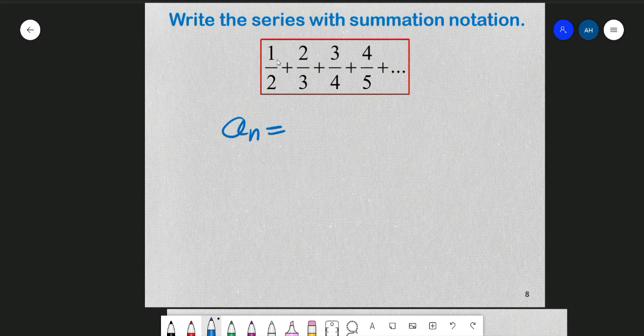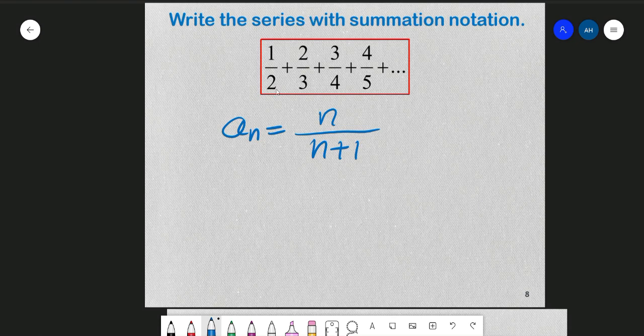At the numerator, we have 1, 2, 3, 4. That's just n, right? At the top we have n. How about here at the denominator? We have 2, 3, 4, 5. That is just n plus 1.